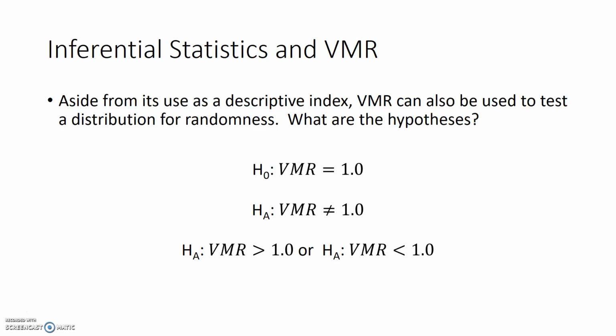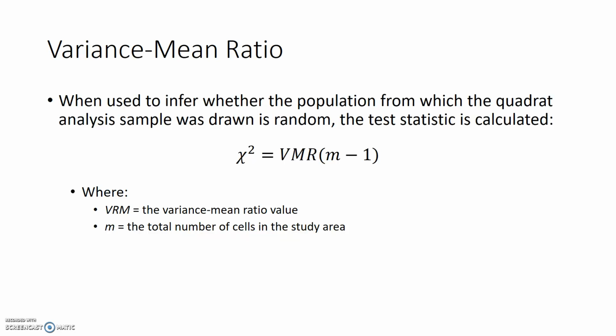So those are our null and alternate hypotheses that we can set up to do some inferential statistics and some statistical tests with VMR.